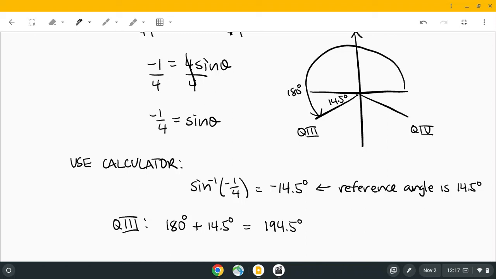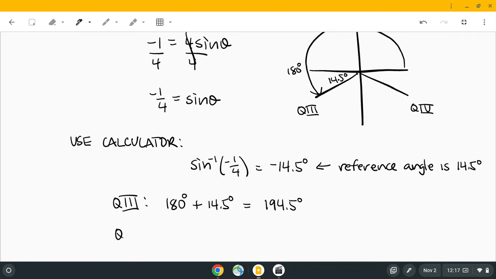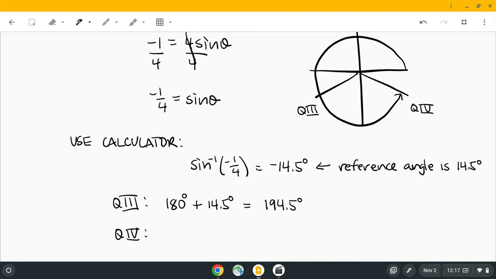And then my quadrant 4 angle. Okay, so I'm going to go ahead and erase this. All right, so I want this one over here, and it's just shy of 360 degrees. Okay, how shy? 14.5 degrees shy. Okay, so then I'm going to do 360 degrees minus 14.5 degrees.